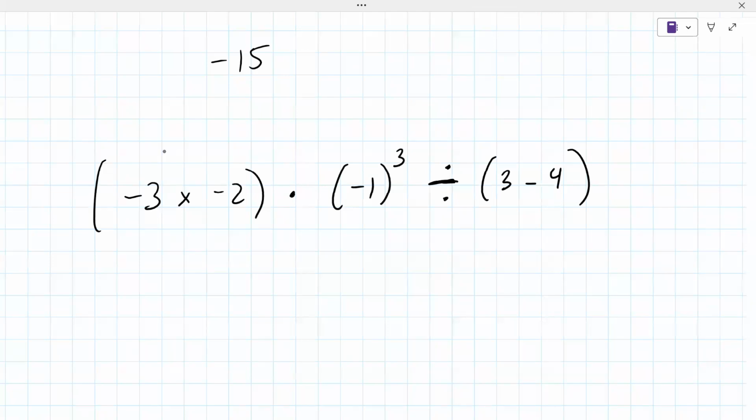What is your final answer? -1. Well, hang on. It's -1 divided by 1. Okay, so 16 divided. So it's -1.